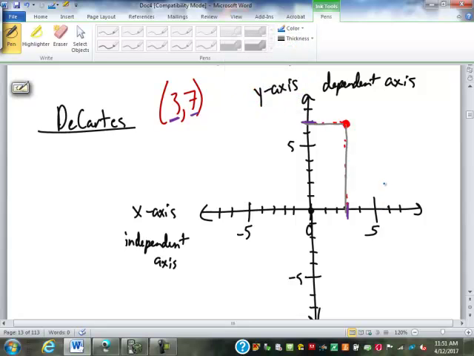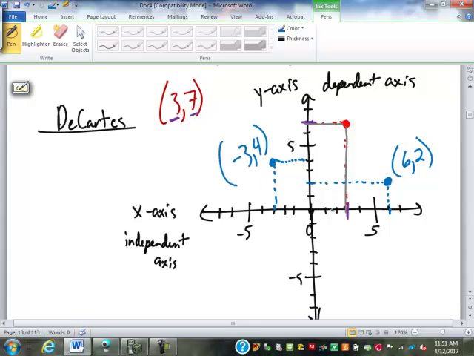So if I give you a point right here, what is the coordinate of that point? What's its x-coordinate going to be? 6 and 2. Very good. Because it goes 6 on the x-axis and 2 on the y-axis. How about here? What's the coordinate of that point going to be? -3, 4.